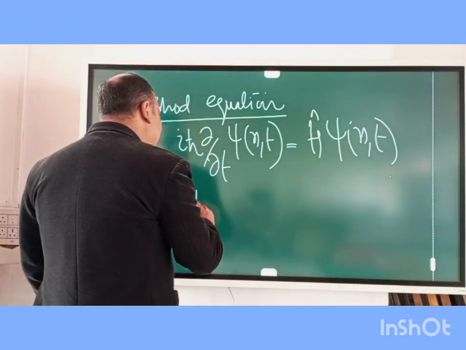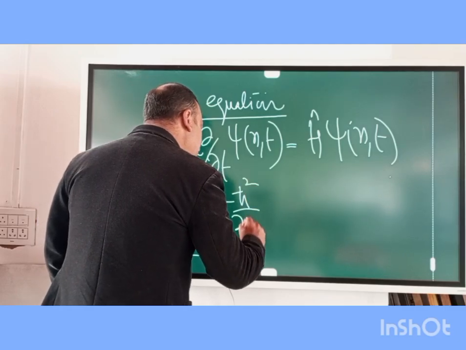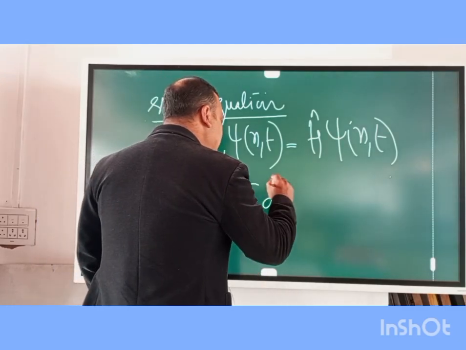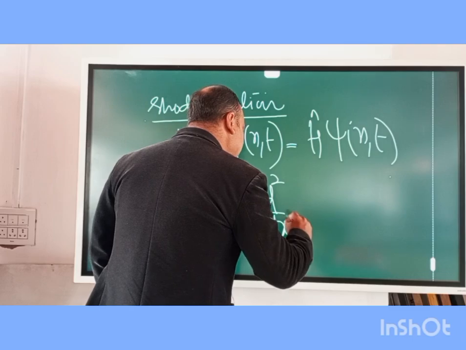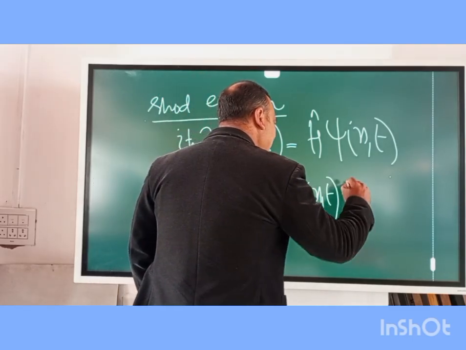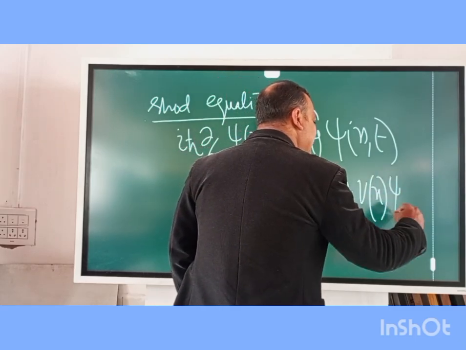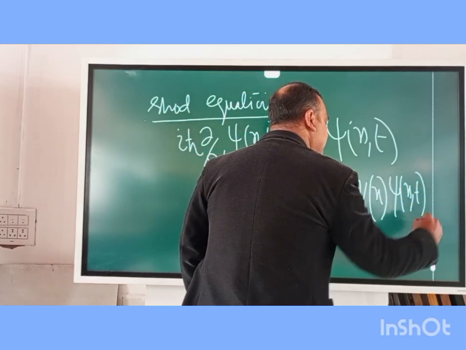And we know that the Hamiltonian operator is minus h cross squared by 2m d2 by dx2, then psi of x, t, plus V of x psi of x and t.